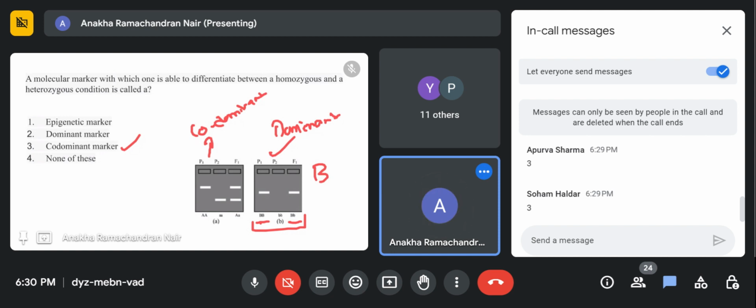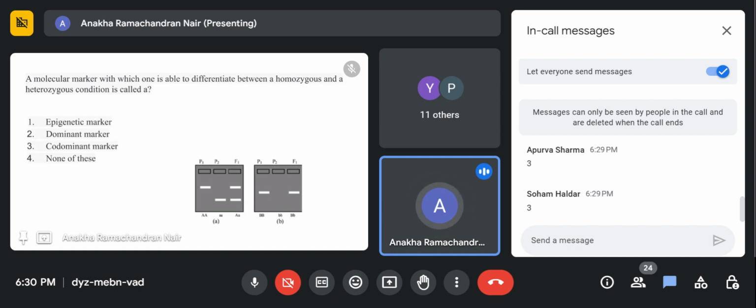And in this case, you can see all of them, right? You can see a dominant organism which has AA, a recessive one which has small a, and a heterozygous one also, which has capital A small a. Okay. So the correct answer is codominant marker. A dominant marker will only help you find whichever has the dominant gene in it. So that is not the correct answer in this case.